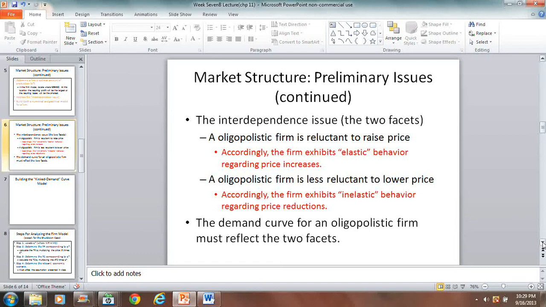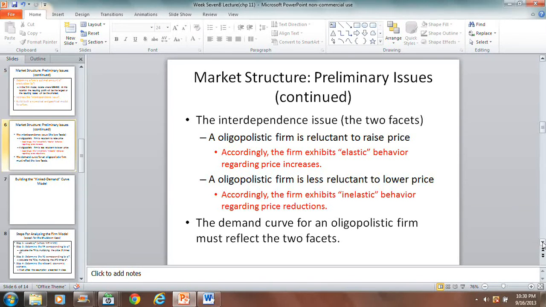Because if it raises price, then the price of its product is higher than its competitors', and customers will shy away from that higher-price firm. Now, firms also have to be aware of how their competitors react when it comes to lowering price. I will say for the record that oligopolistic firms don't really want to lower price, because when they lower price, their revenue has the potential of draining as a result.